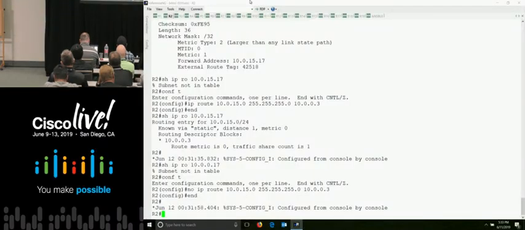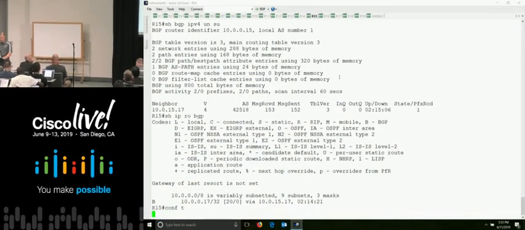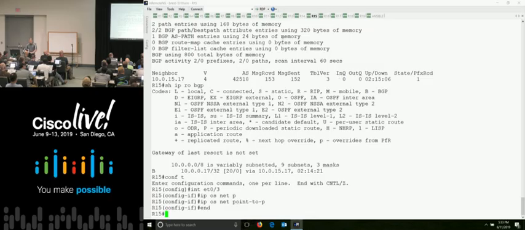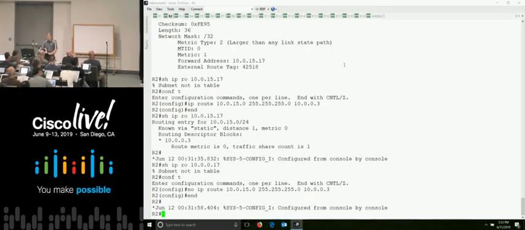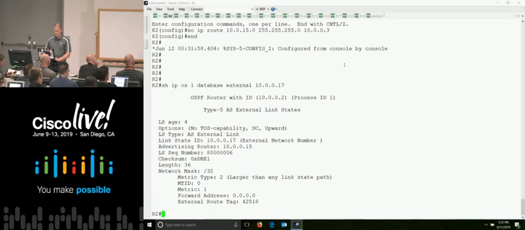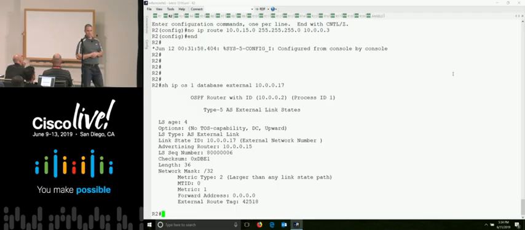So I'm going to go down to R15. I'm going to go to interface 3. I'm going to say ip ospf network point-to-point. And then I'm going to go back to R2. I'm going to look here first, and the difference is the forward address has been zeroed out. 99% of the time, this is what you're going to see, okay?